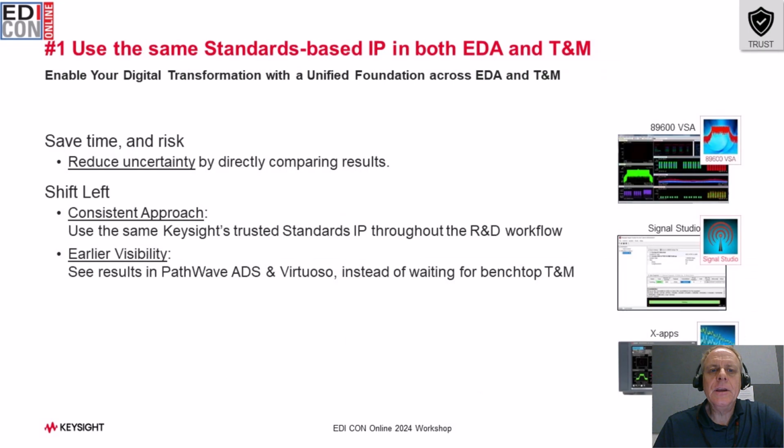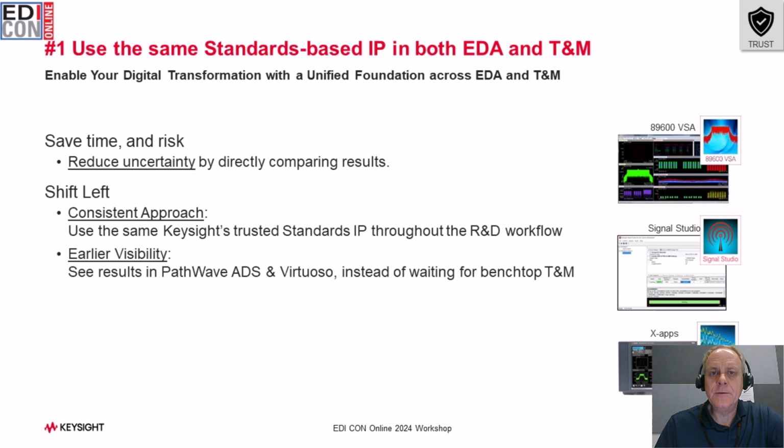The first one is the reuse of standards IP in both design and test and measurement. So when you measure an EVM, getting the same settings, the same waveforms, a lot of the same assumptions in both places just takes away a whole series of questions that tangle unraveling why you're getting a different result in both places.